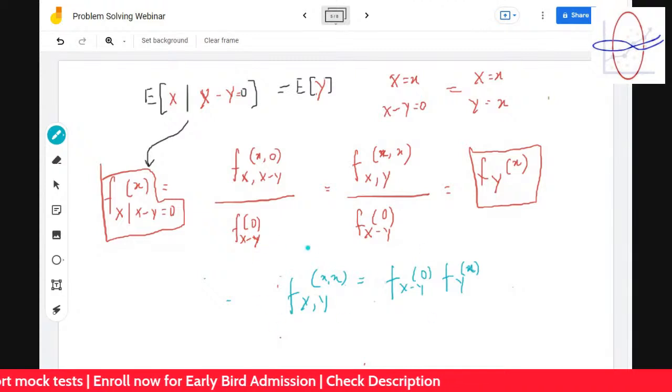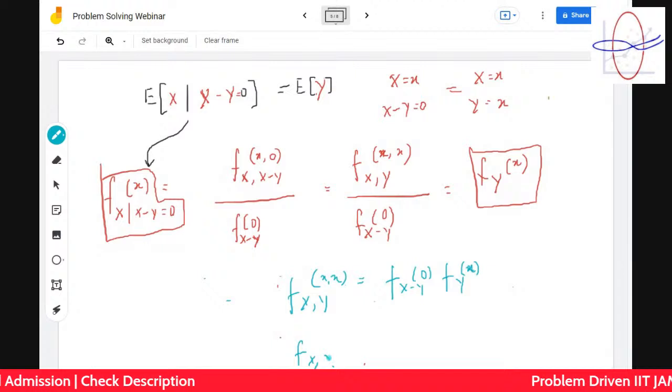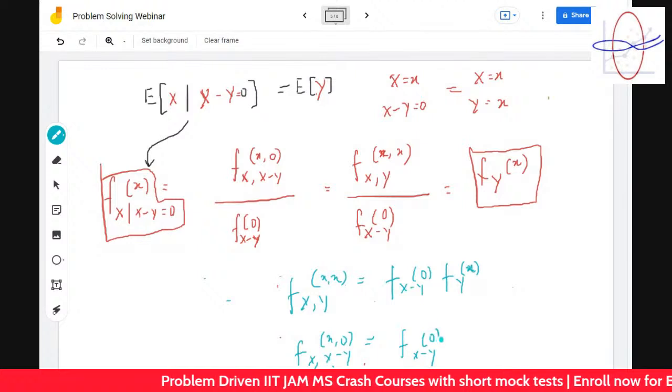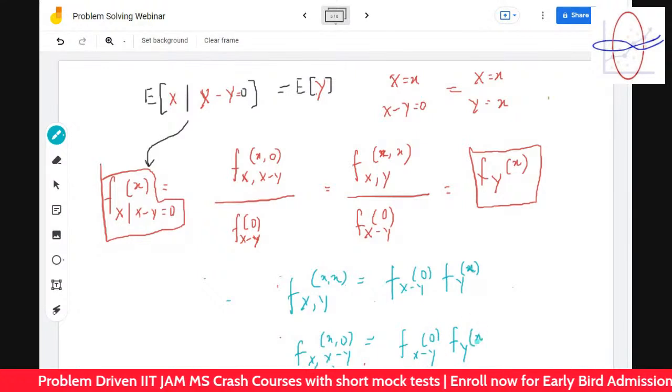When can we write it like this? If you just consider the first one, it's telling that f of x comma x minus y of x comma 0 is the same as f of x minus y of 0 into f of y comma x.